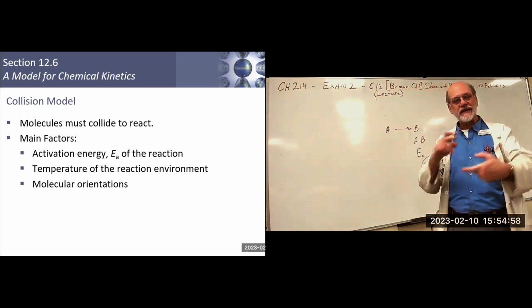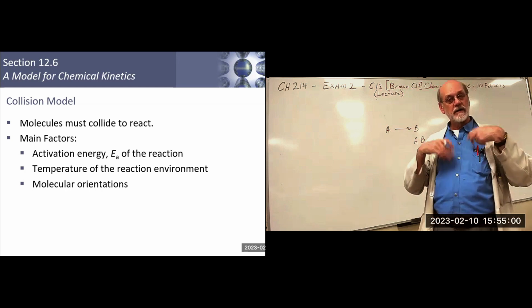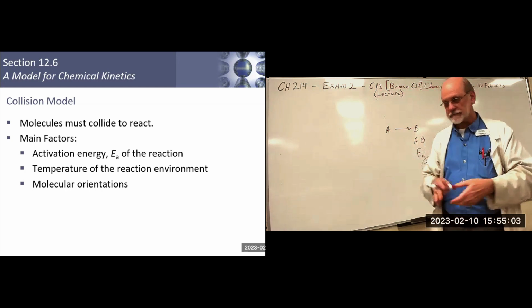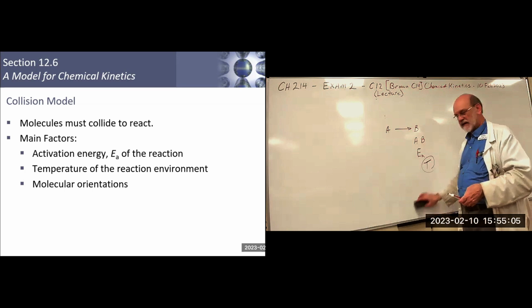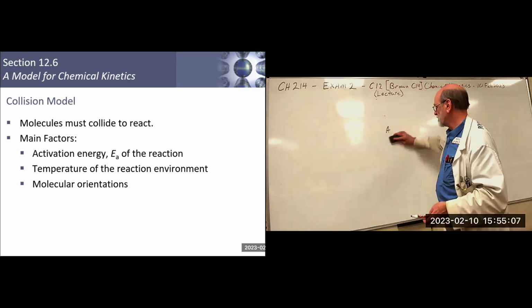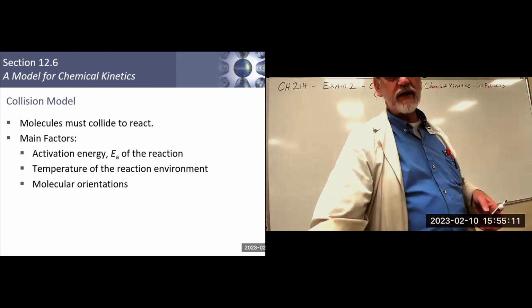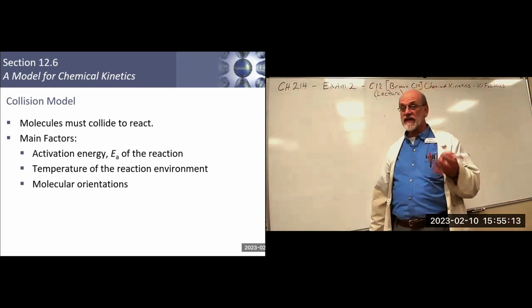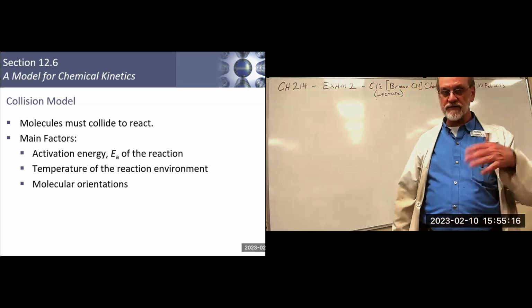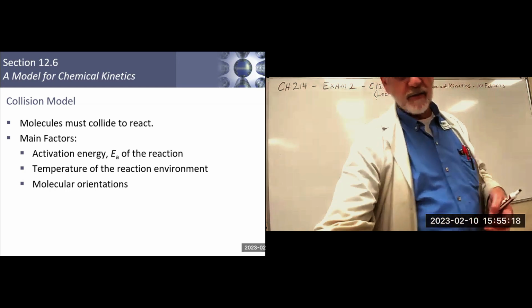Go through an intermediate step, an intermediate stage. Those are the basic premises of the collision model. And whenever we say model, we're talking about theory. Right? So there's a theory behind this that supports the model.